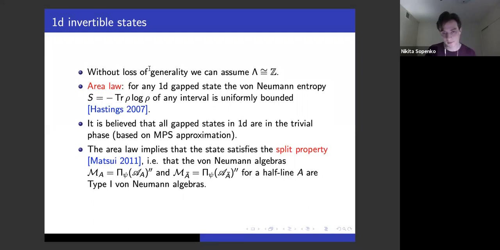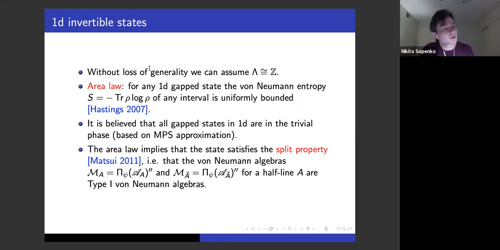However, some important result that follows from this area law, proved by Matsui, is that if this entropy is bounded, then if we consider von Neumann algebras associated with half-lines of the state, they are actually type 1 factors.